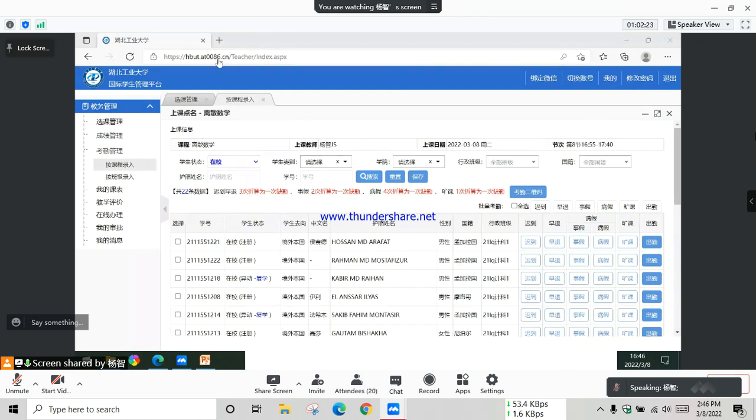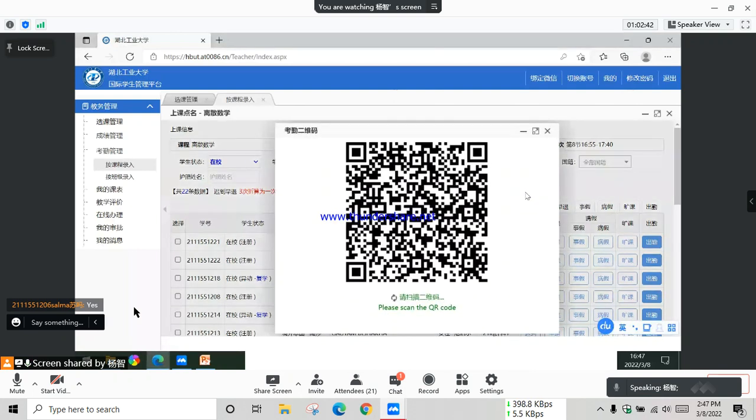Okay, I will show you the QR code again. This is for the second lesson. Okay, everybody pay attention. Can you hear my voice? Now I show you the QR code. Everybody scan the QR code. It only works for 2 minutes, so be quick.